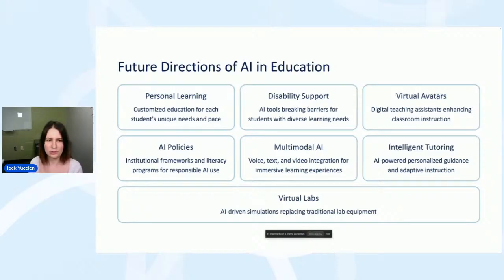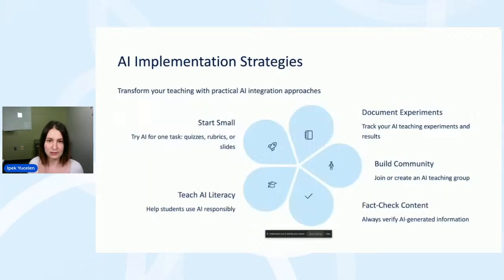Voice, text, and video integration. And of course, we still have institutions developing those AI policies, and AI literacy, which is responsible AI usage, is very important, because as we experience it, we learn it. So every time we learn, we are developing and updating those policies. And virtual labs, without going to actual labs, students will be able to do experimentation.